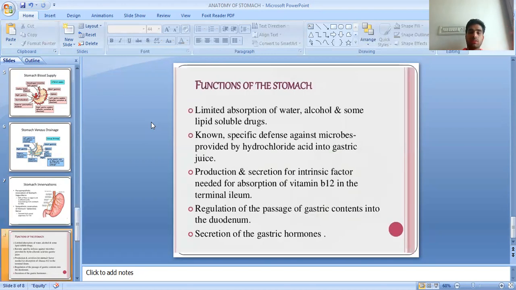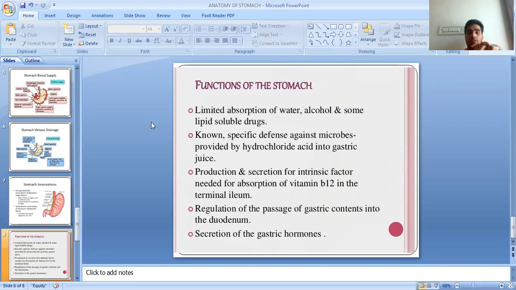Functions of the stomach. Now we discuss the functions of the stomach. Limited absorption of water, alcohol, and some lipid soluble drugs. Means the stomach absorbs alcohol, water, and lipid soluble drugs within limits. Non-specific defense against microbes provided by hydrochloric acid, meaning HCl in gastric juice.